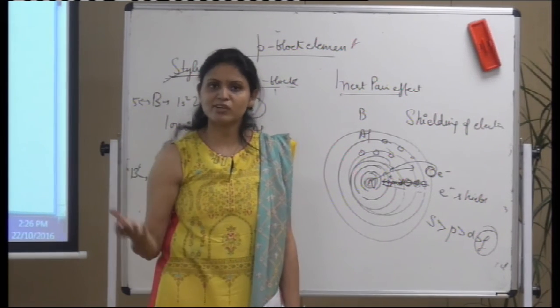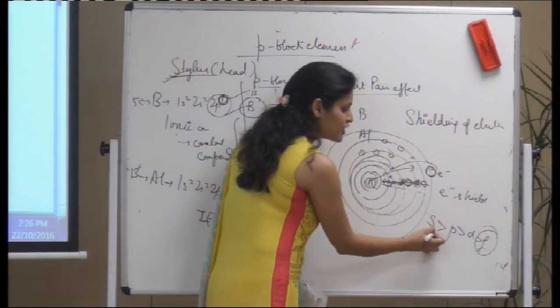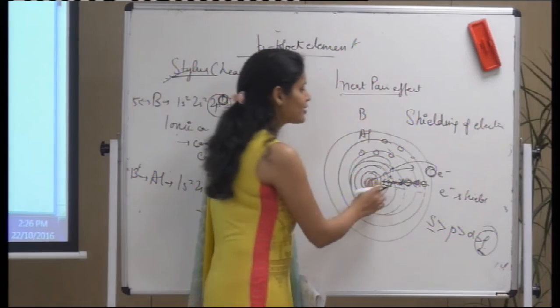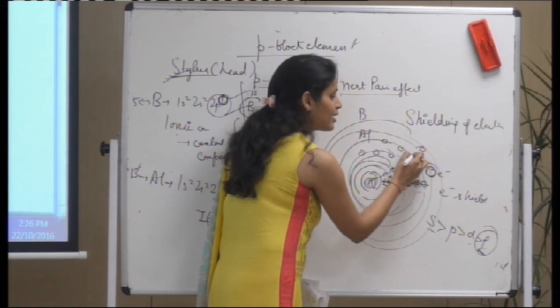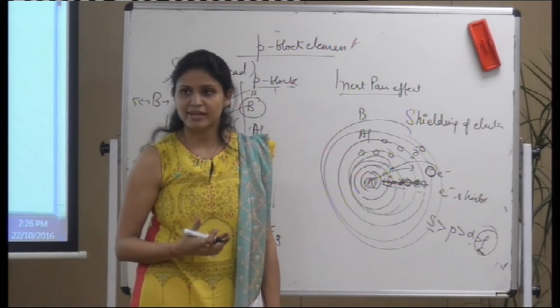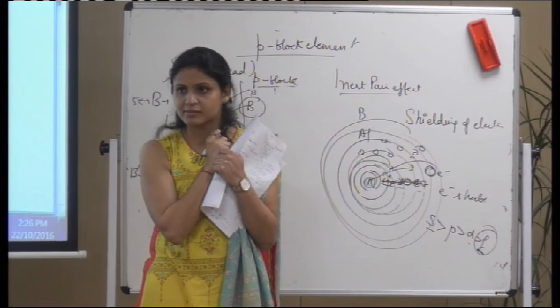Each time I increase the shell, electrons increase, so good shielders as well as poor shielders increase in number. As the atomic number increases, the poor shielders are unable to shield the electron from the nucleus, and hence there is greater attraction towards the nucleus, right?